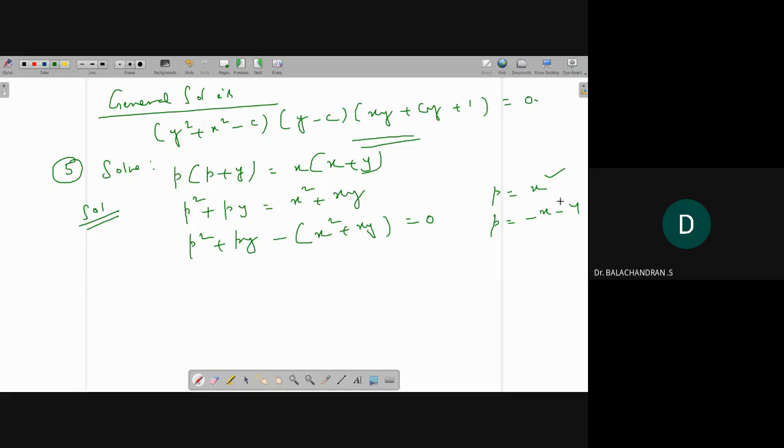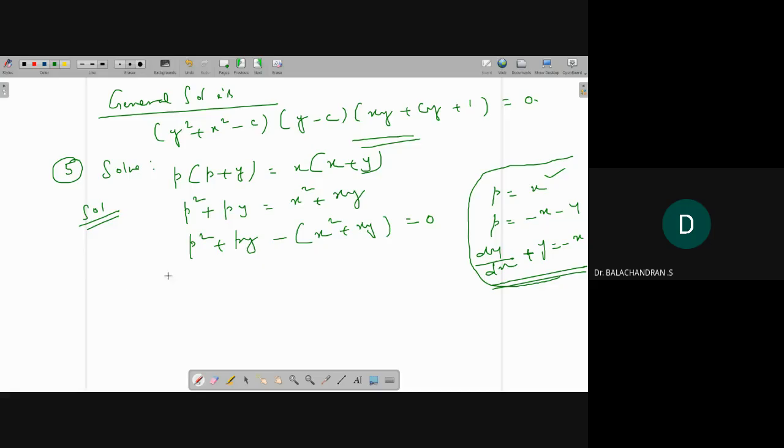Then only you can use the integrating factor. dy by dx plus y is equal to minus x. So now this is the linear differential equation. So dy by dx plus py equal to q, and then you can easily solve. Okay. So now, if you know how to solve this problem, you can try. Otherwise, you can listen here.